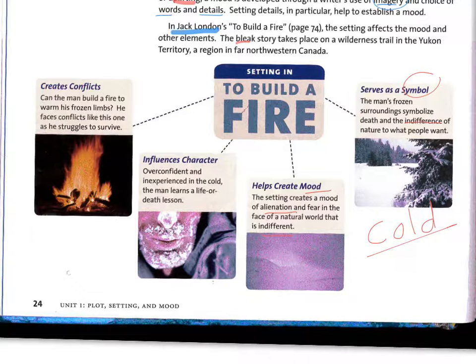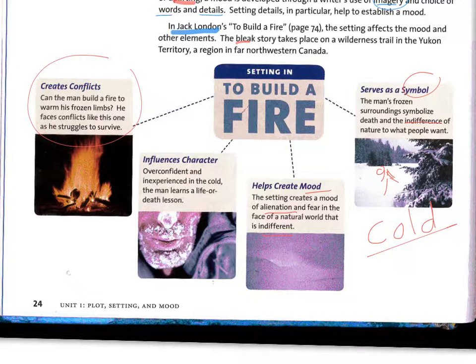In other words, a mood of alienation, being alone, being separate from everyone and everything. Okay, and here you are stuck, right? Stuck in the freezing cold. The only way you will be able to survive is if you can build a fire. So that's the problem, the conflict.